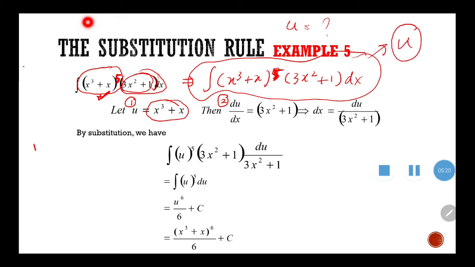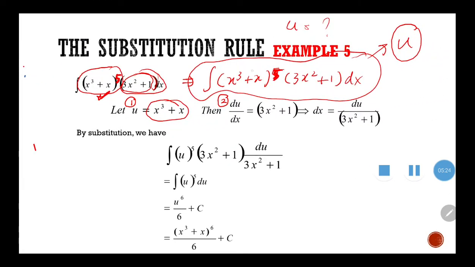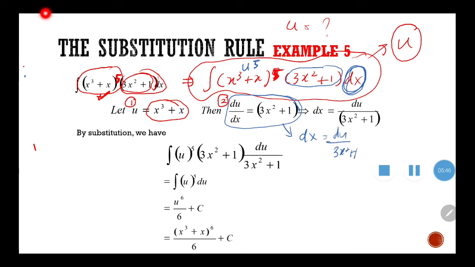Okay, so sekarang ni maknanya, meaning to say this one now become u power of 5. So yang ni kita tak boleh nak tukar lagi. And then dx ni pun we have to change it in terms of du. And just now kita dah differentiate du over dx is equals to 3x squared plus 1. So here it implies that dx is equals to du over 3x squared plus 1.